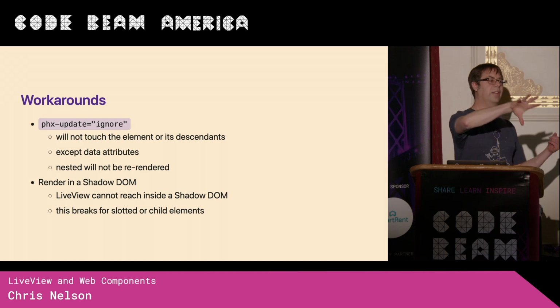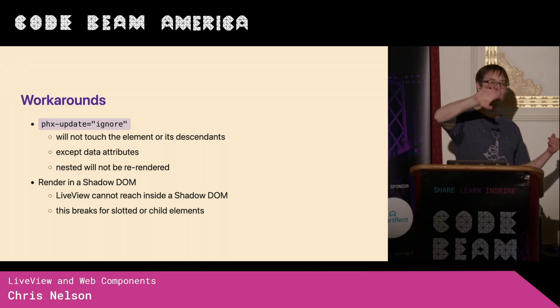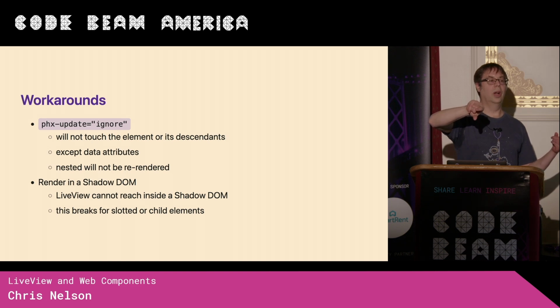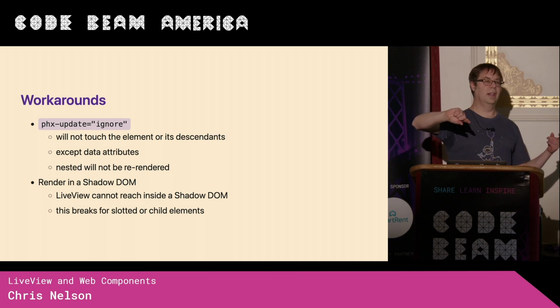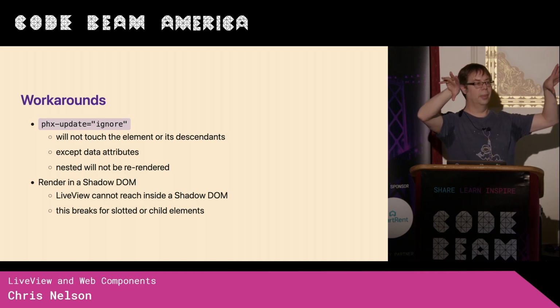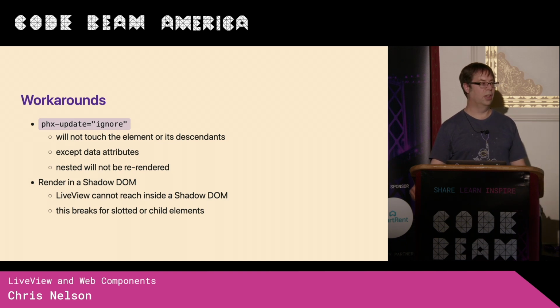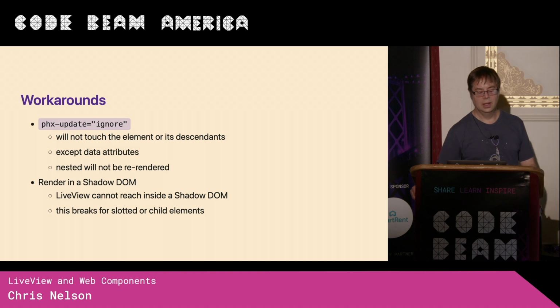So if we went back to that example with the map, we have some inner content inside that element for the marker. Well, if you were to set Phoenix update equal to ignore on the outer element, you'd never know when you change the airport because Phoenix is not going to touch things anymore for you. So it's definitely, yeah, an approach that's challenging. You can't really do it that way, essentially.